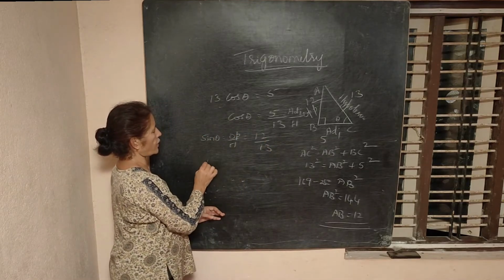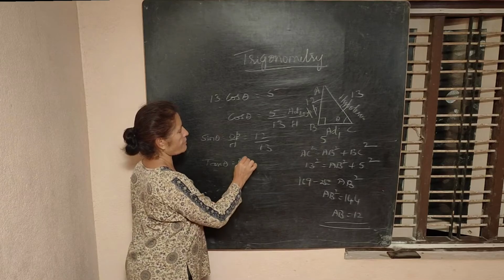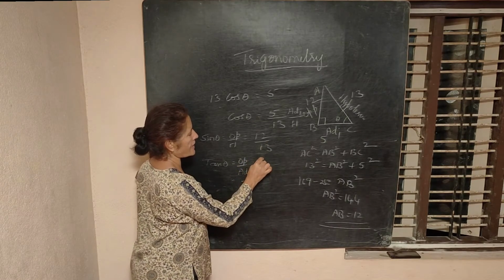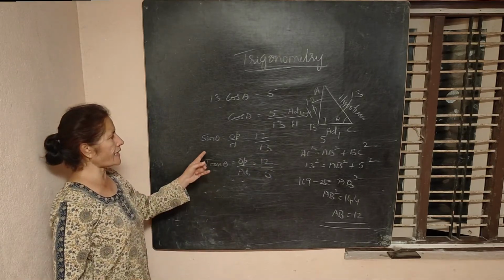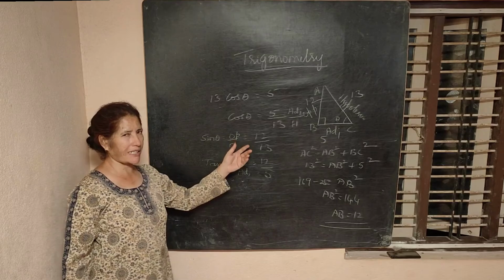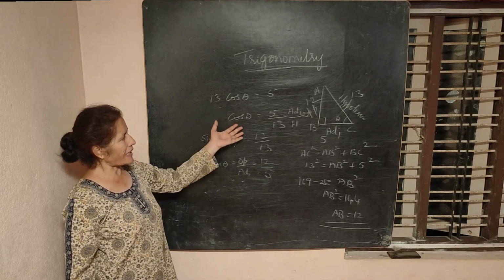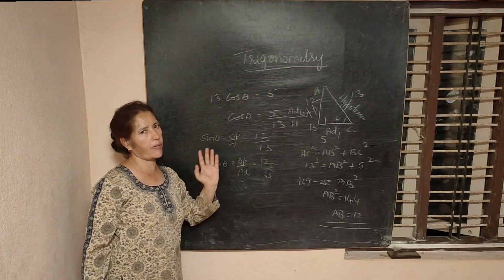Cos theta they have given. What is tan theta? Tan theta is opposite by adjacent, so 12 by 5. Once I know sin theta, I know cosecant theta. What is cosecant theta? 13 by 12. What is secant theta? 13 by 5. What is cot theta? 5 by 12.